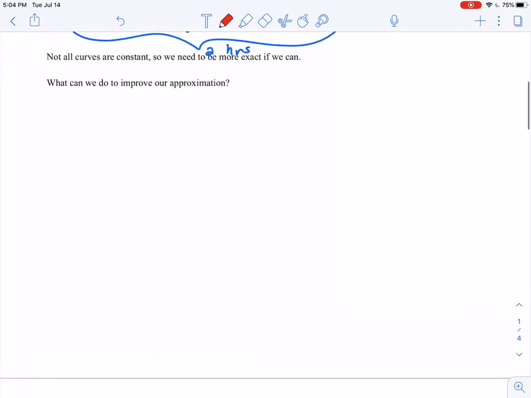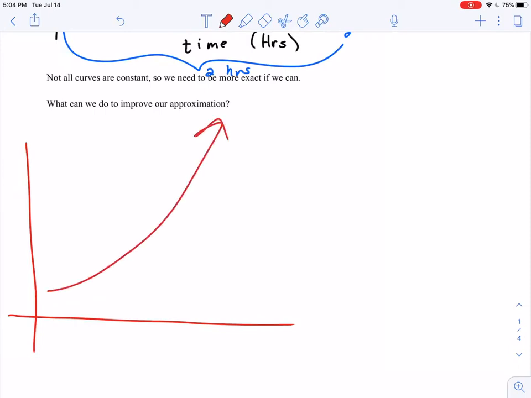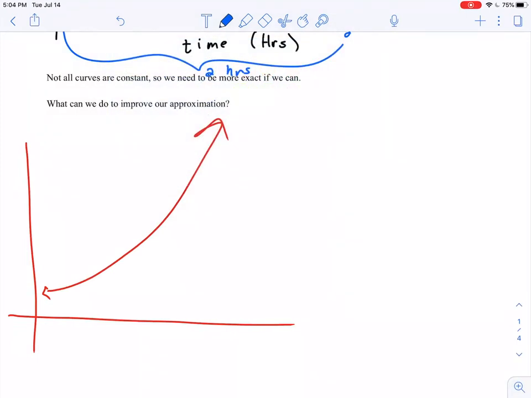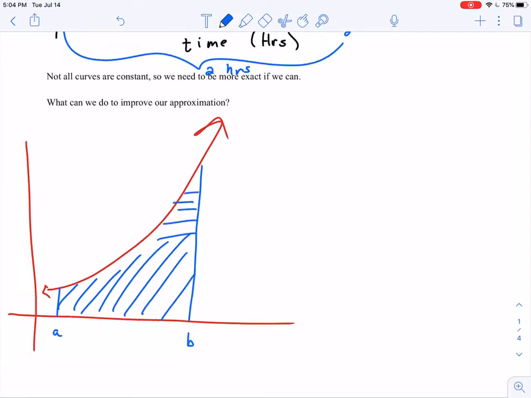So we're going to use this idea, though, of, let's actually draw something like this. So here's my function, let's say. If I want to estimate the area under this curve over this interval that I've drawn, let's call this A and this B. Trying to find the area under this curve it's a hard question.